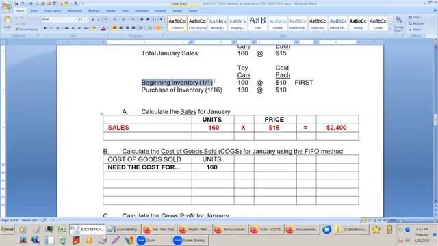Beginning inventory. So we don't have all 160. We have 100 of them, and they have the same cost each.